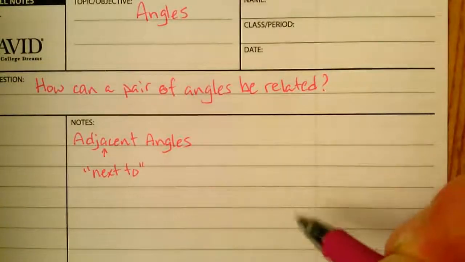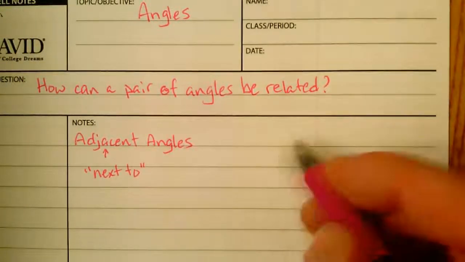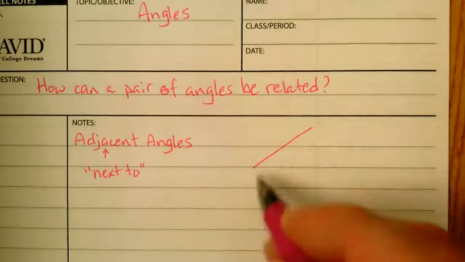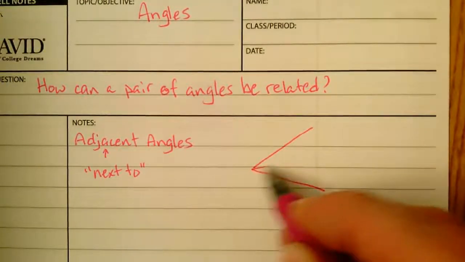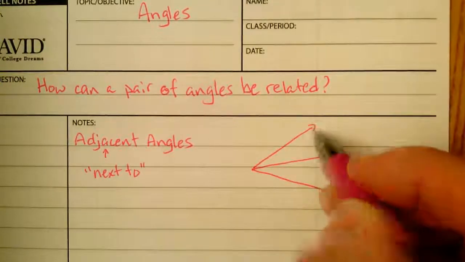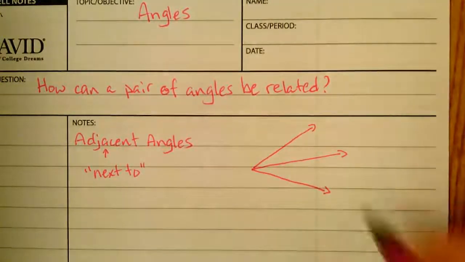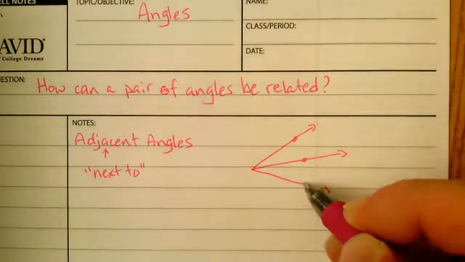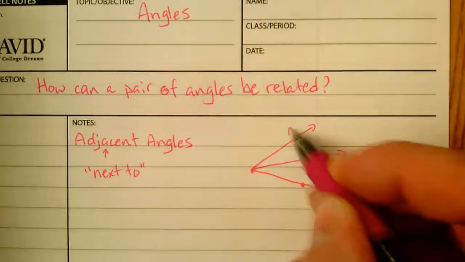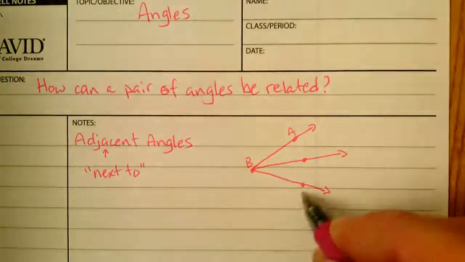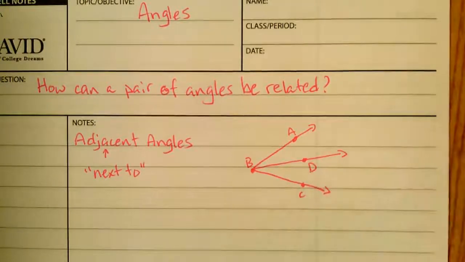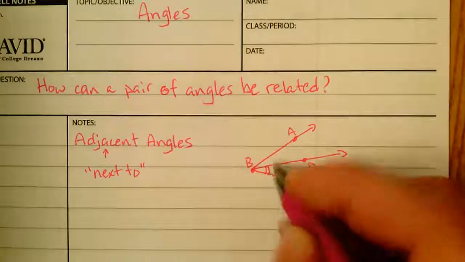So, for example, if I draw a diagram here, I've got two angles. Let's put some points here. Call this A, B, C, D. Put some measures in here.